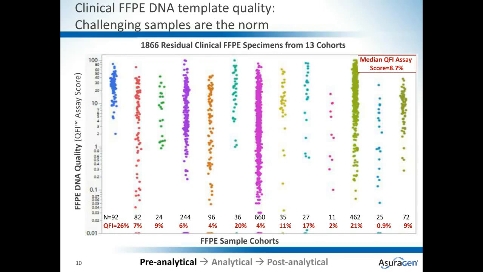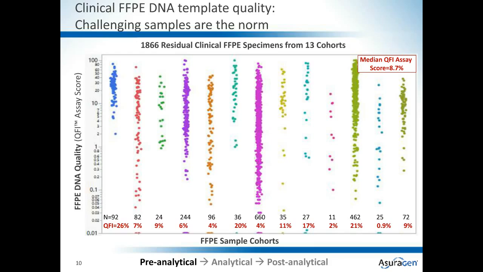So we've applied the QFI assay to a broad expanse of specimens, and this slide summarizes the assay results from nearly 2,000 residual clinical FFPE samples, 13 distinct cohorts, and the majority of these are drawn from working with pharmaceutical customers. So as a result, there are two conclusions that can be taken from this slide.